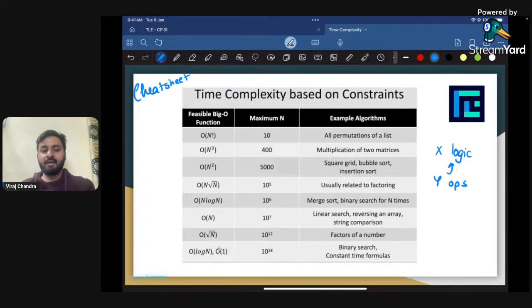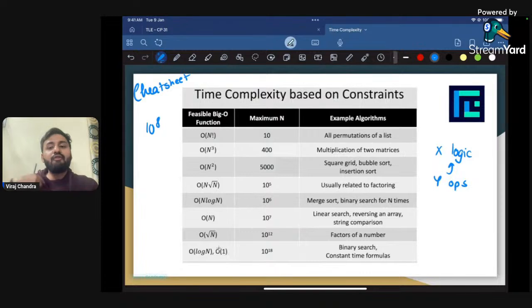For example, let's say you are solving a problem and n turns out to be 10. So I know that of course you can apply an O of n solution, because the maximum is 10 power 8. So O of n will work, of course.